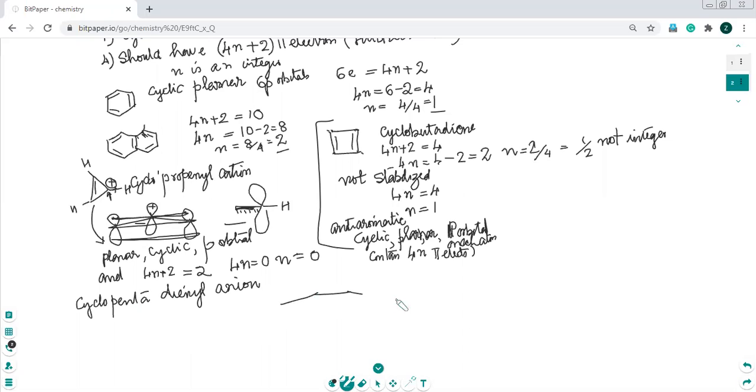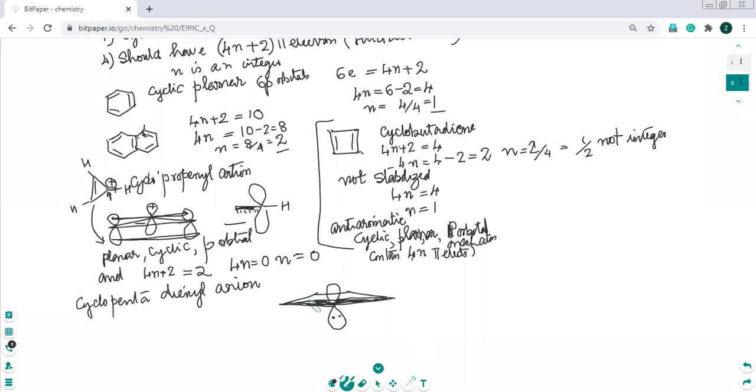Let me draw a cyclopentane ring in this fashion. See, 5 carbons. Okay. Now you have a pair of electrons here. That's why we say it is anion. This orbital is containing an anion.